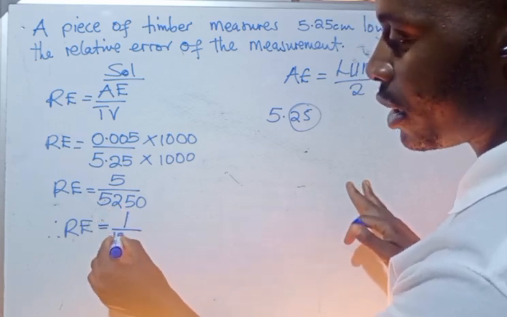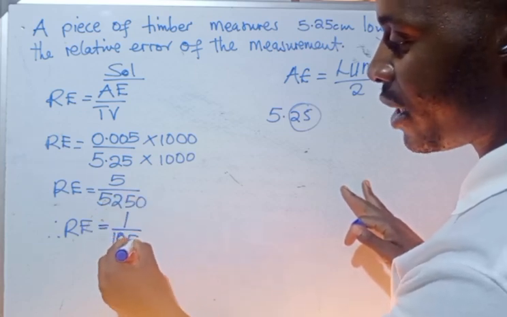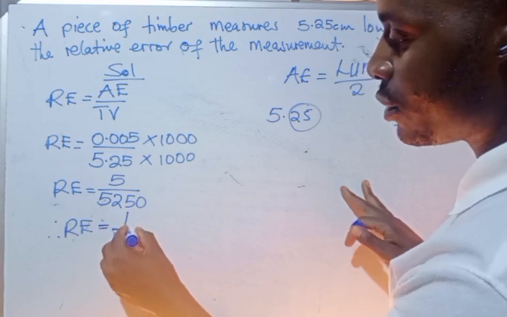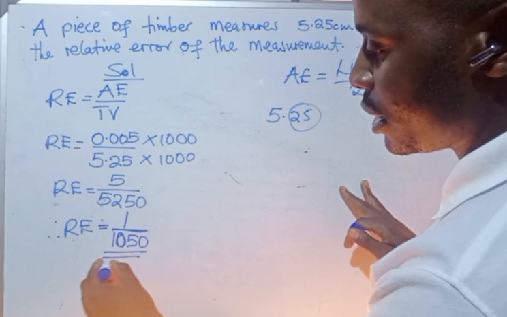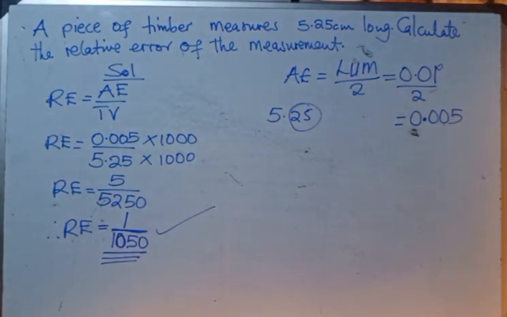So put a 0 there. Then we'll say 5 into 25, it goes 5. And 5 into 0, it goes 0. So it is 1,050. So this is the answer we have. That is our relative error. Thank you.